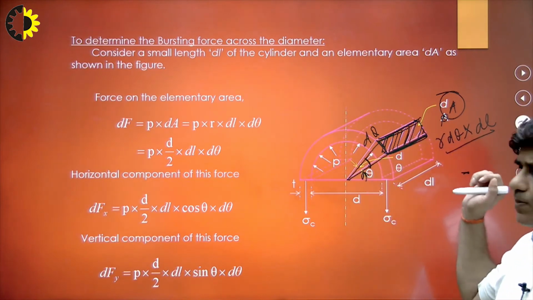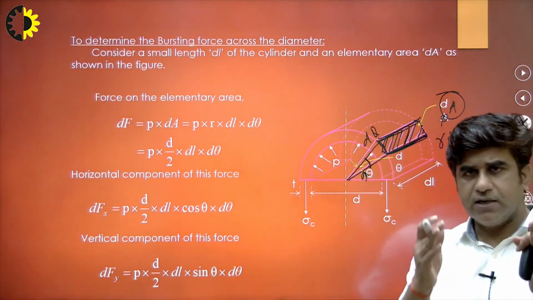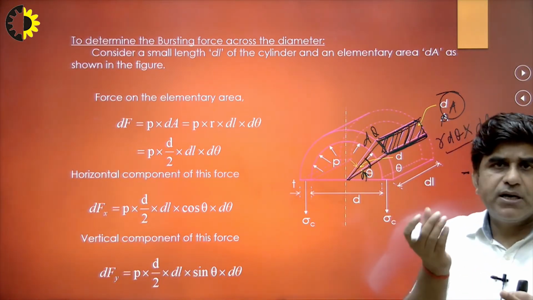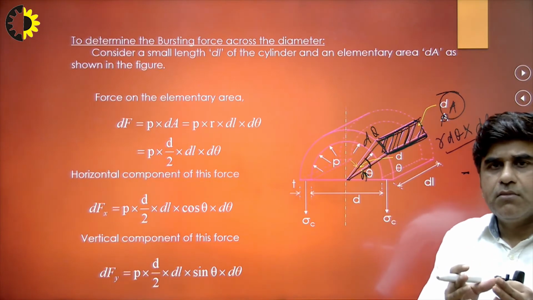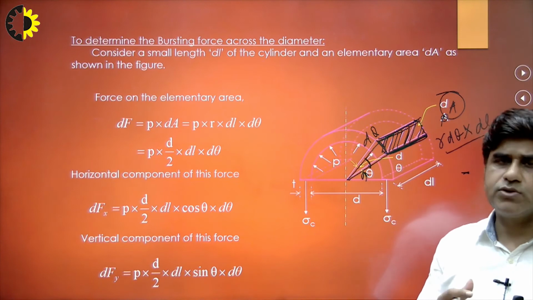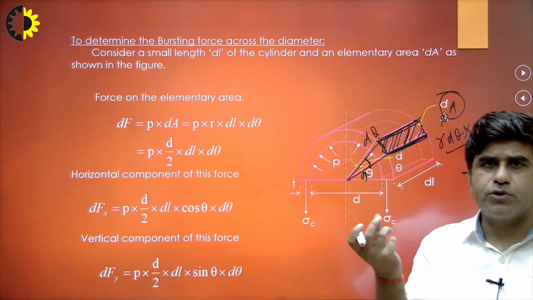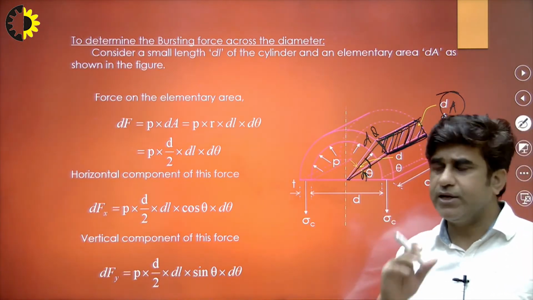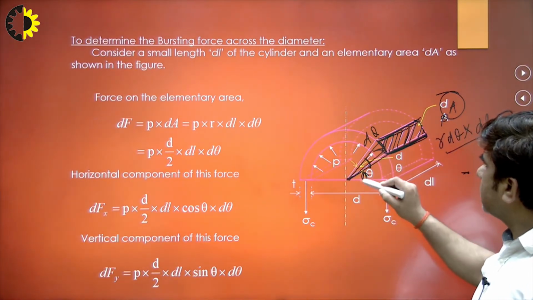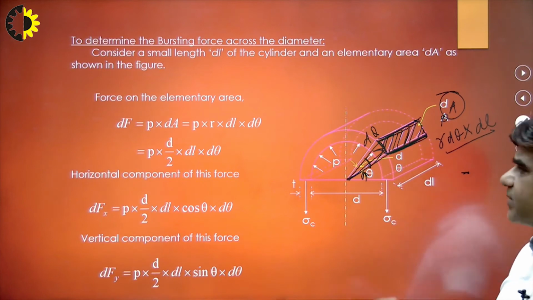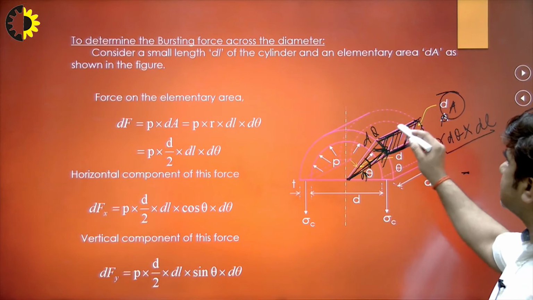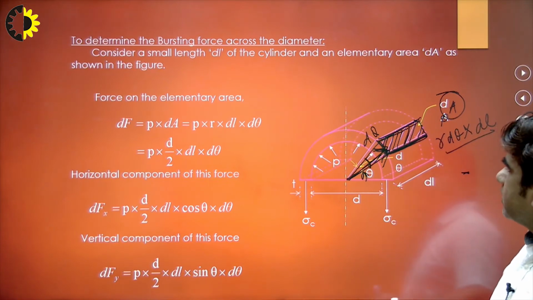If area is known and we know the pressure acting on the wall, that pressure will also act on that elemental area. So, multiplication of pressure and area will give the force acting on that elemental area.